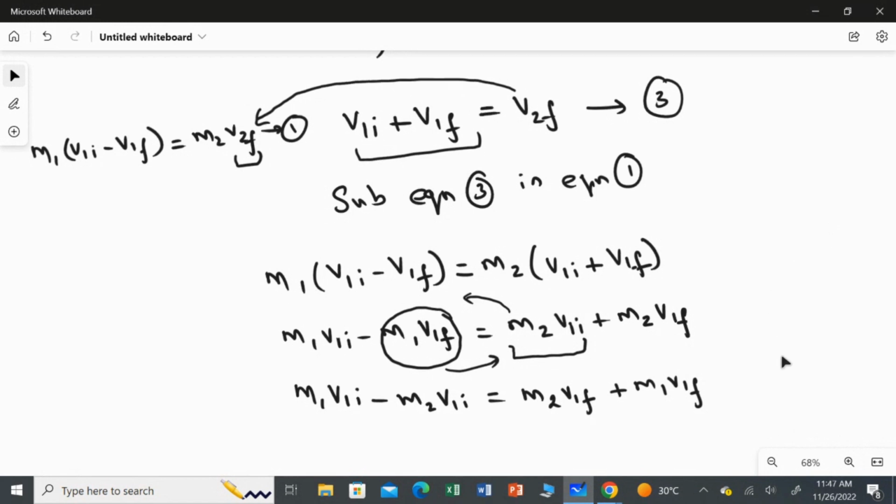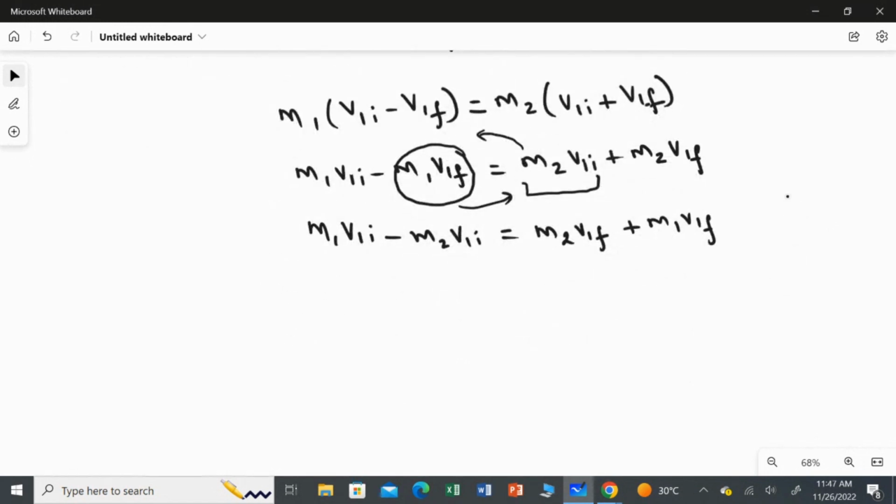Clear? Now I'm going to take V1 initial as a common term on the left hand side, and V1 final on the right hand side. If I take V1 initial as a common term, we will get M1 minus M2, which is equal to the right hand side. If you take V1 final as a common term, you will get inside the bracket M2 plus M1, right? Clear? Okay. So here I'm going to take this equation, the one which I showed with the star symbol, and frame it in terms of V1 final.